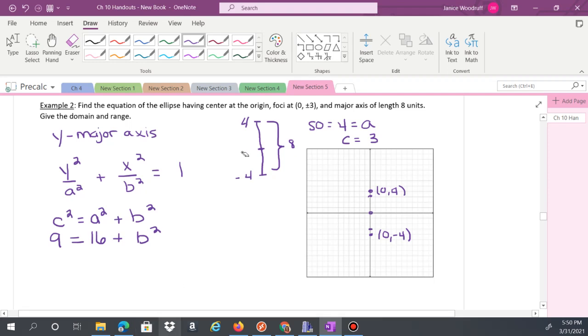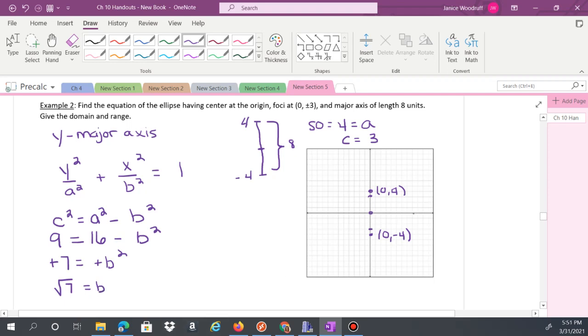It's minus B squared, sorry. I was looking at that and saying that's not going to work because that would be a negative 7. A squared minus B squared. So then we would subtract the 16. That would be a negative 7. Make those both positive. We get that B squared is 7, so B is the square root of 7.